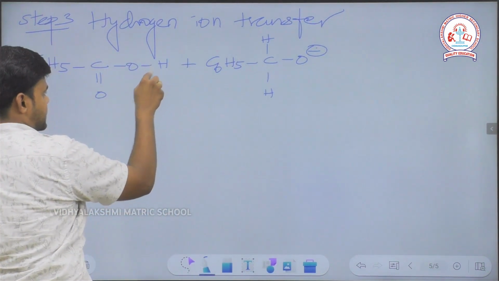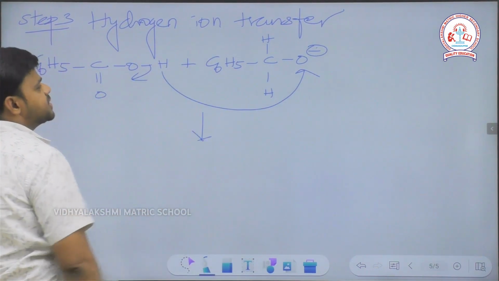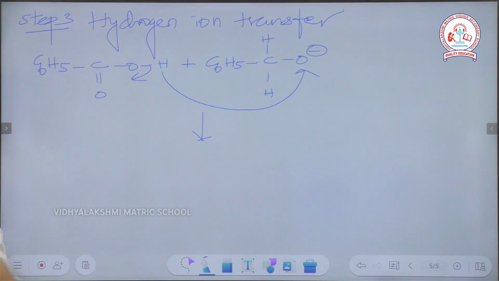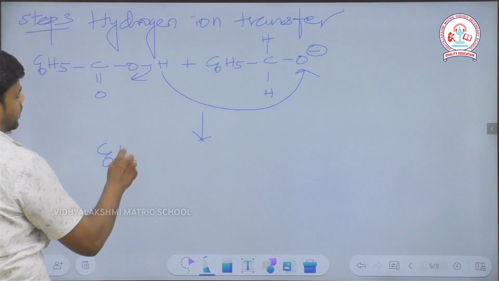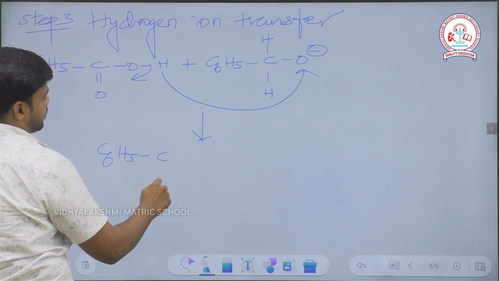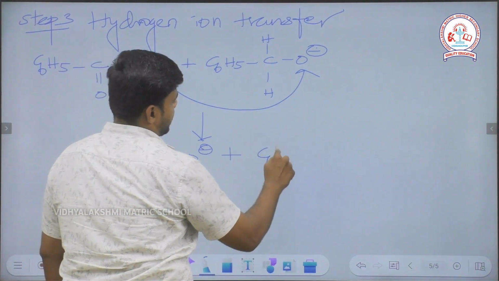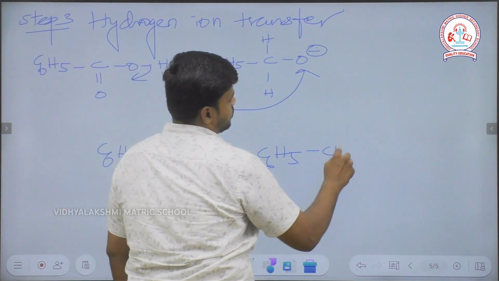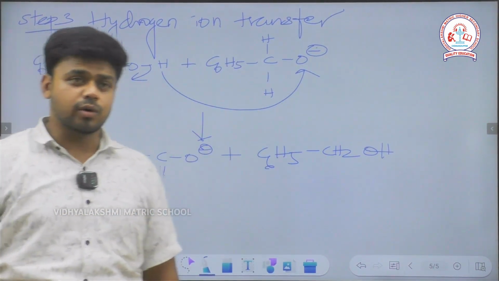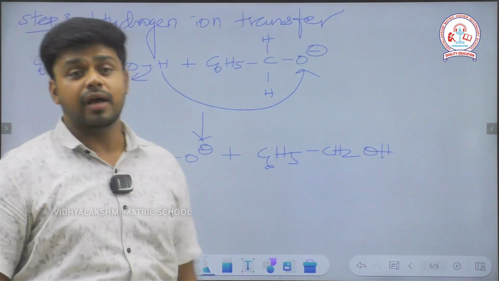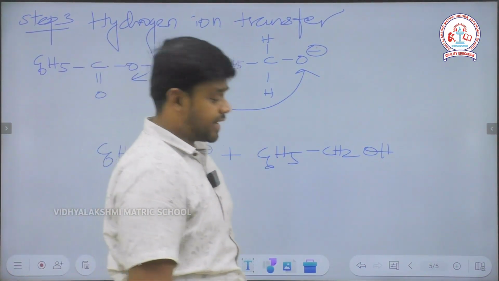The hydrogen which is present here will be transferred to this compound. Thereby you will get benzyl alcohol as a proper product. If we have sodium, we will get sodium benzoate, or it is better to write it as the benzoate ion, C6H5, C double bond O, O minus. Then C6H5, CH2, OH. So benzyl alcohol and benzoate ion. So it can form benzoic acid or sodium benzoate. So these are all the 3 steps involved in the Cannizzaro reaction mechanism.